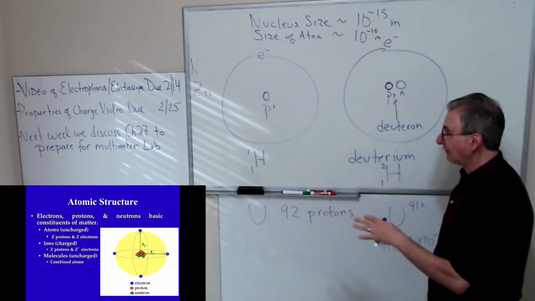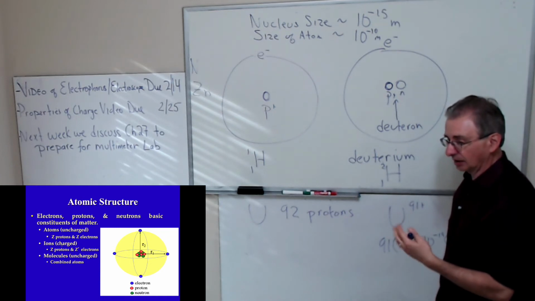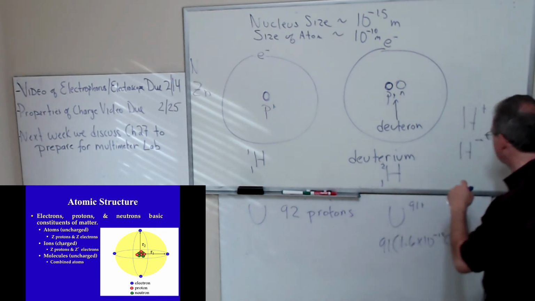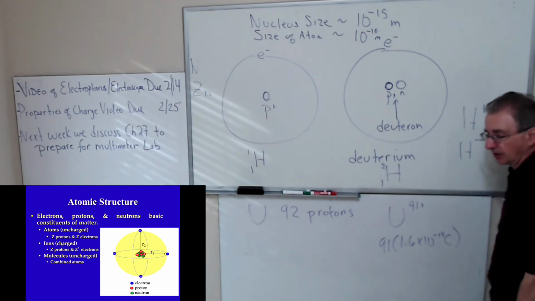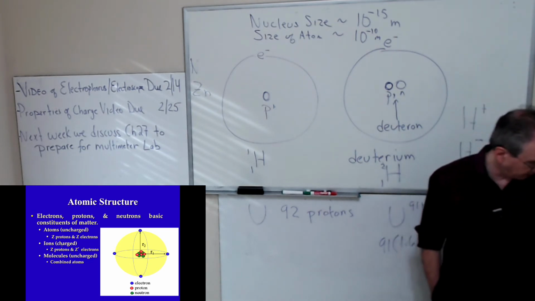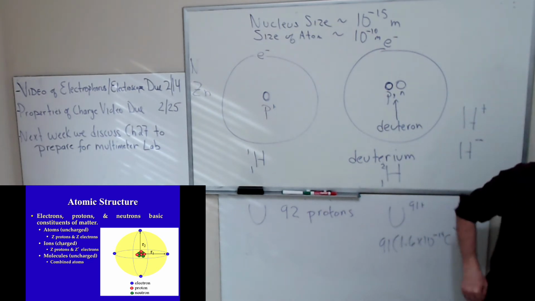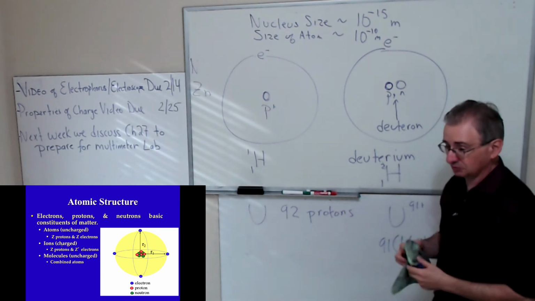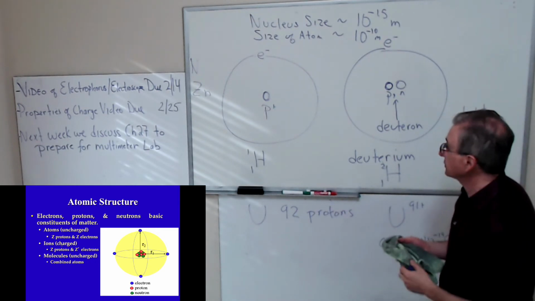Now, of course, if you have a bigger system like a molecule, there is a possibility you can add another electron to it. So we also have molecules. What are molecules? Molecules are combinations of atoms.